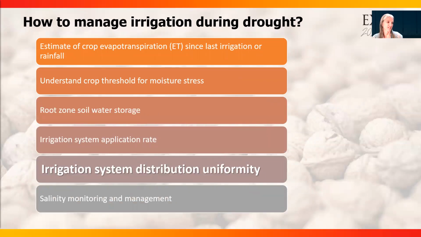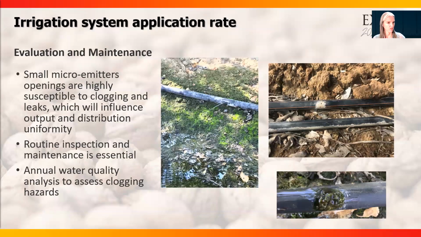Okay, so your irrigation system distribution uniformity takes into consideration applying water at the right rate and frequency to conserve water, but to maintain the water at the appropriate level to avoid severe stress.